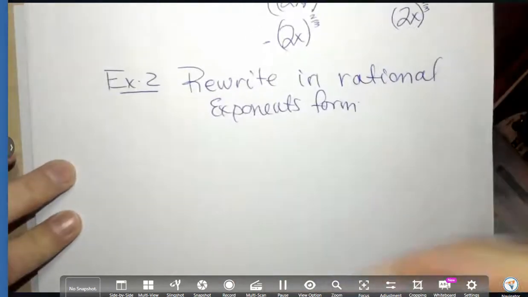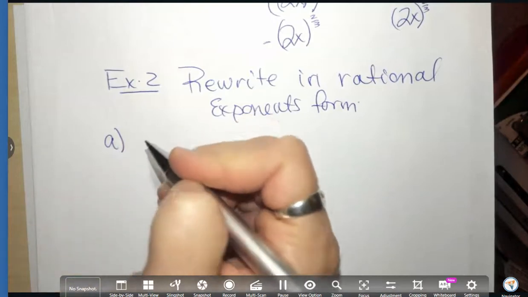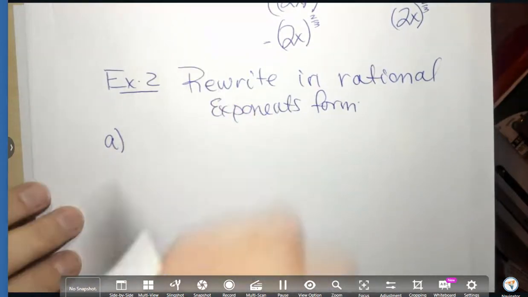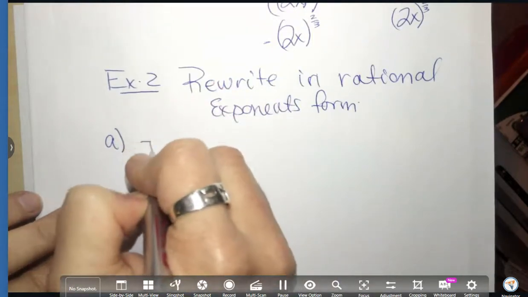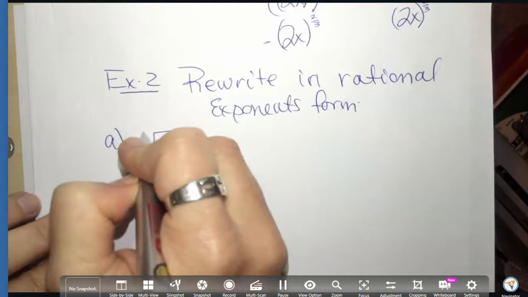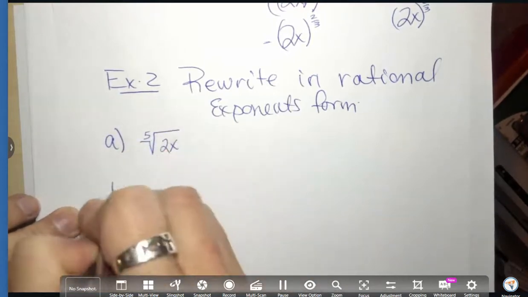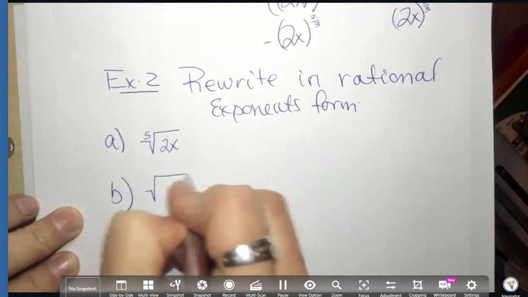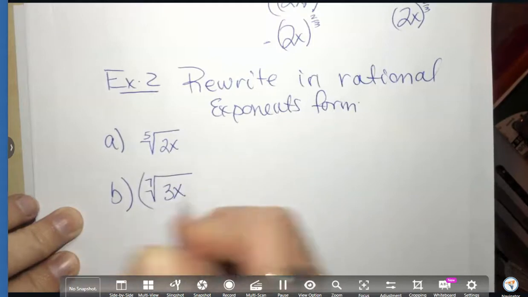So here are our 3 examples. Let's start with the 5th root of 2x, and then let's do the 7th root of 3x, but we're going to square that.